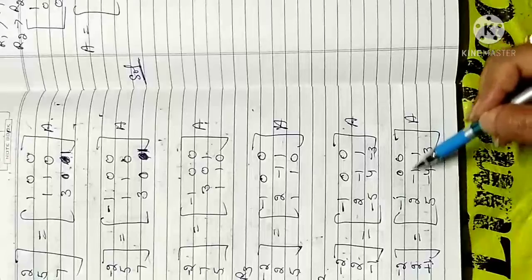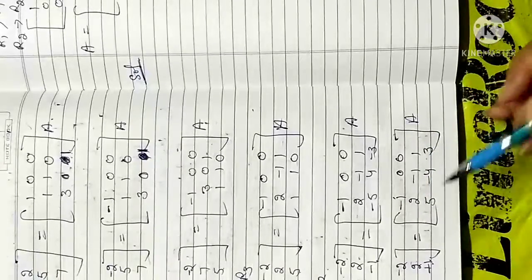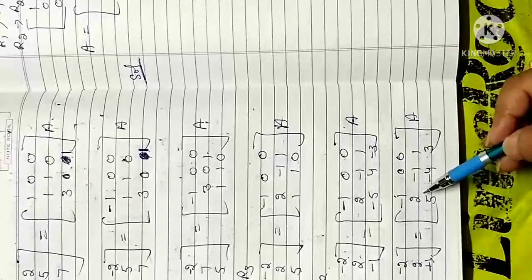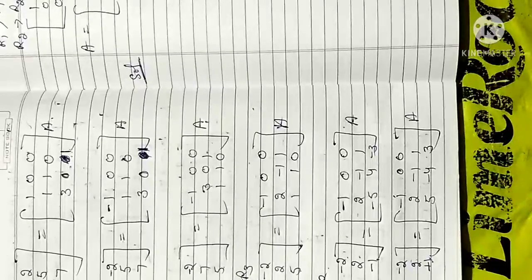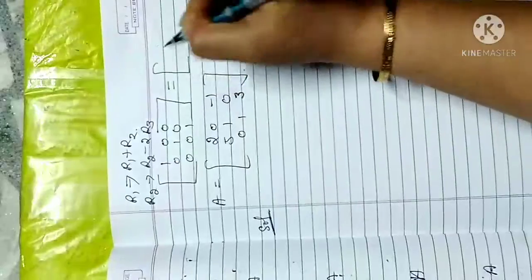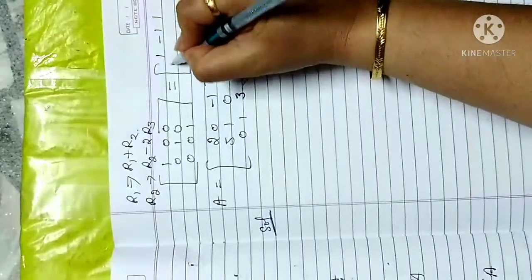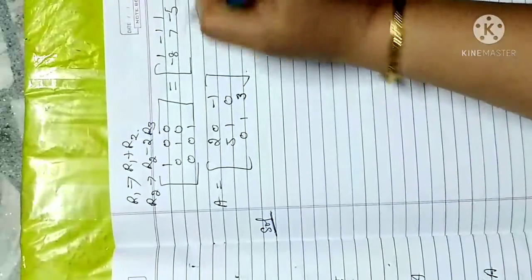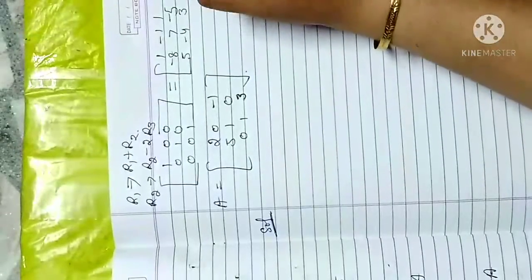Now we go with changes in row 2, row 2 minus 2 times row 3. When you multiply this by 2 and subtract from here, you get minus 8, 7, minus 5, and the last row has no changes, we write it as it is. My required answer is 1 minus 1 1, minus 8 7 minus 5, then 5 minus 4 and 3.